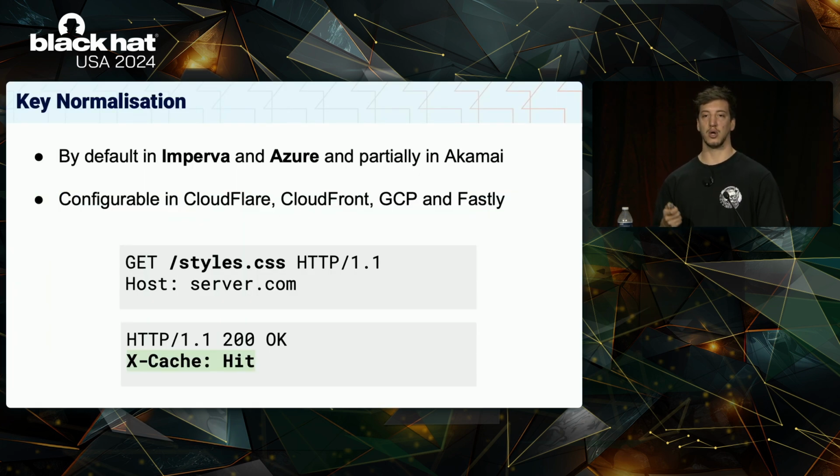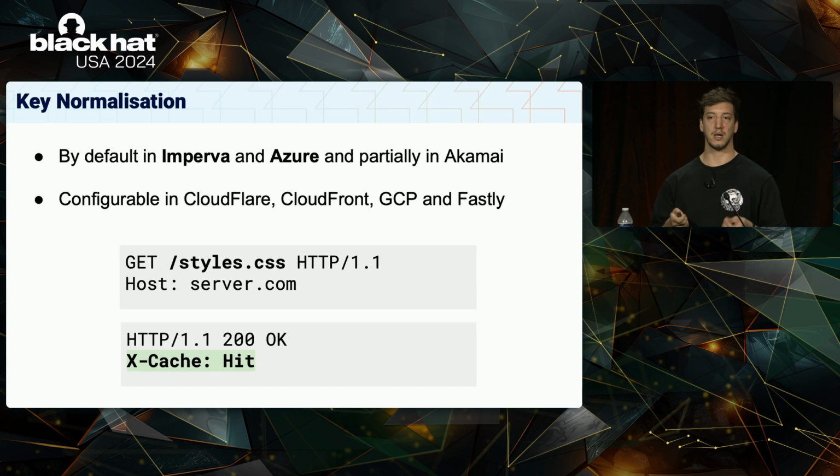And to do so, we will use key normalization. Basically, key normalization is using normalization to create the key. And this is by default in Imperva, Azure, and partially in Akamai. And this can also be configured in any other CDN. And the way we can detect if the key is being normalized is by sending a request to styles.css or any other resource that is cacheable.